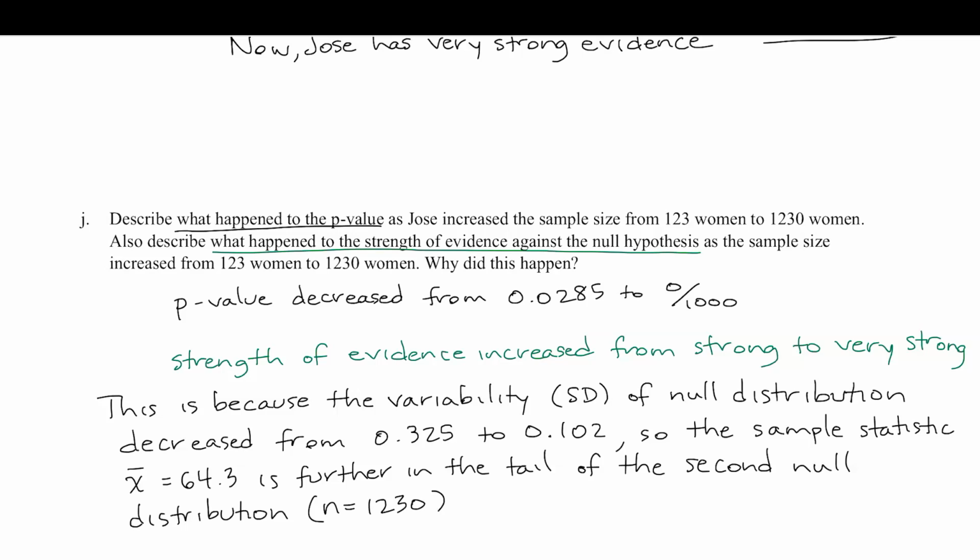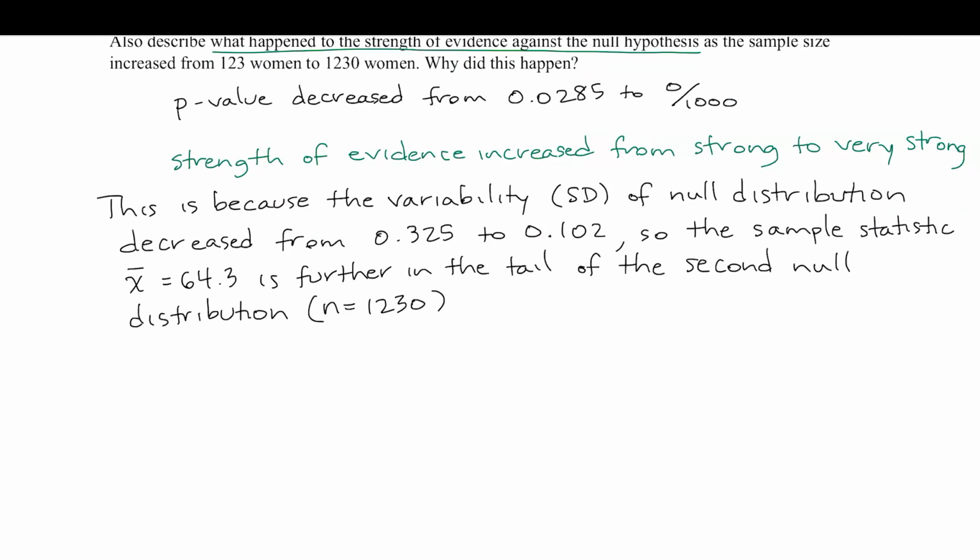So we increased the sample size. This decreased the variability in the null distribution. So the same sample statistic of 64.3, it was in the tail originally, then it moved further into the tail when we increased the sample size, decreased the standard deviation of the null distribution.